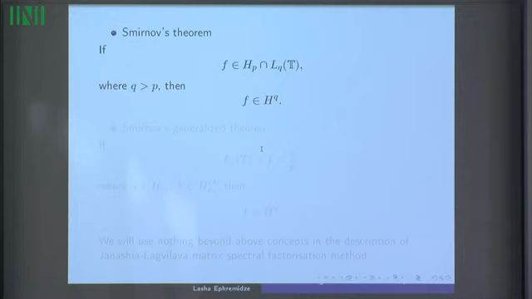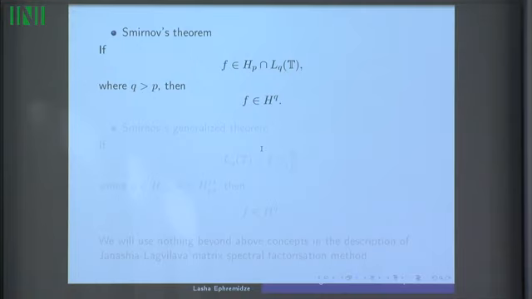The most difficult theorem we use in this area is Smirnov's theorem: if a function is from H^p, and we know in addition that its boundary values belong to the narrower class L^q, q more than p, then we can conclude that F belongs to H^q exactly, not only to H^p.